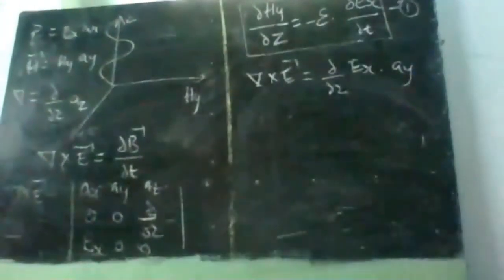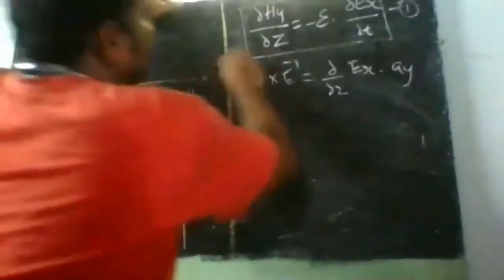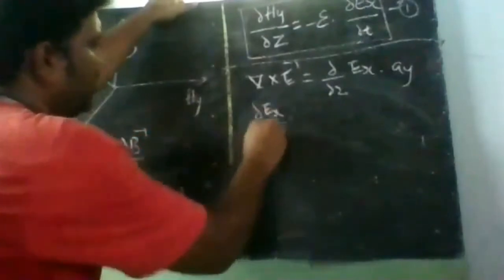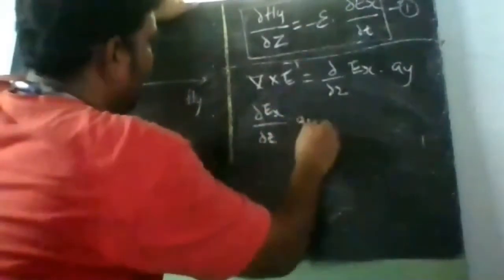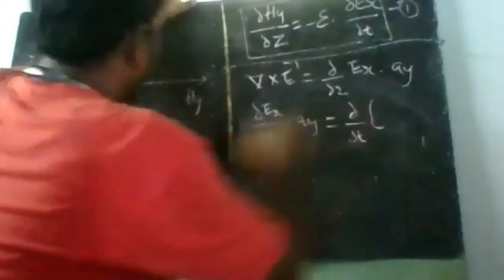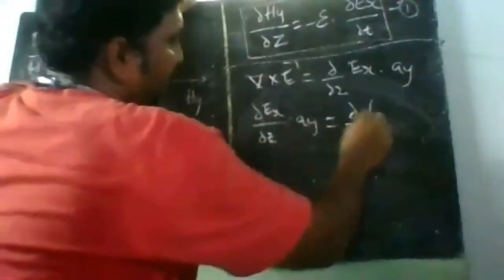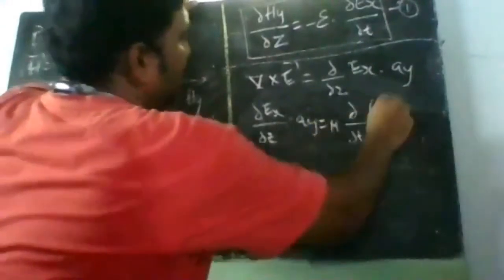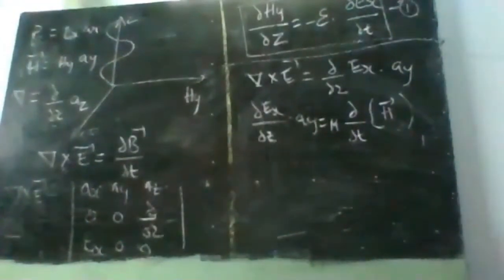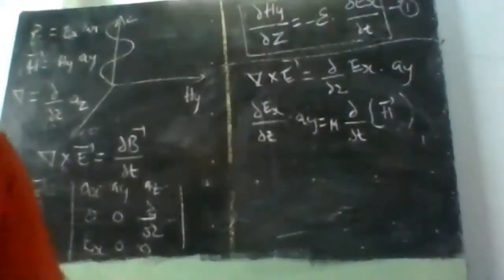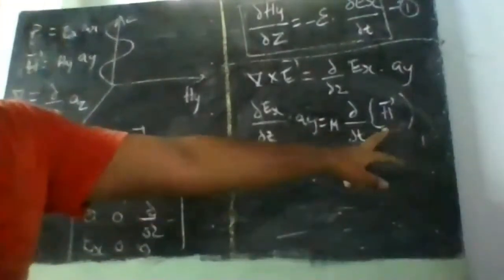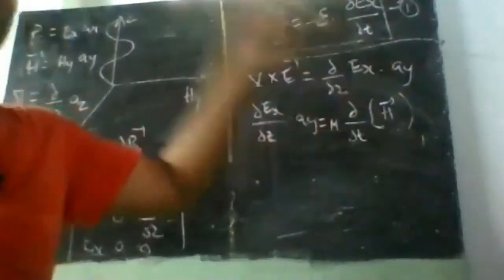Now equating this, dou Ex by dou z of ay is equal to dou by dou t of B bar, which can be written as mu into H bar. Put that mu outside, so it will be H bar. Now H bar has components along the x, y, and z axes, but here we have to compare only along y, because we have ay. So H bar will be Hy.